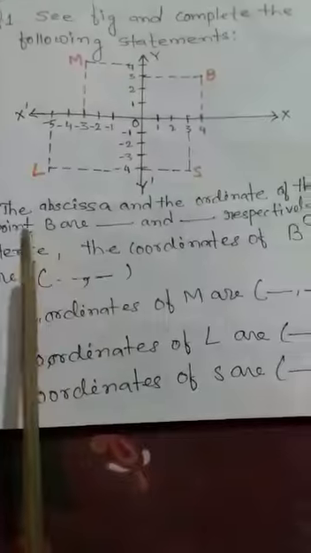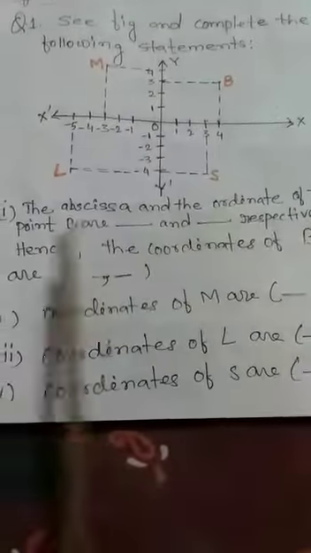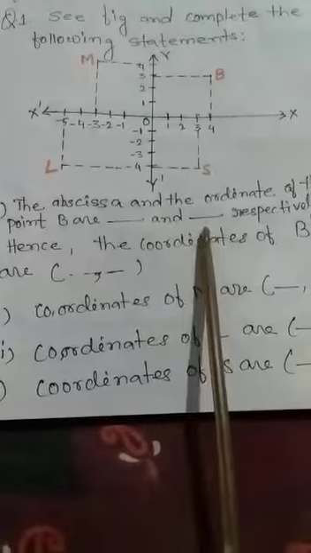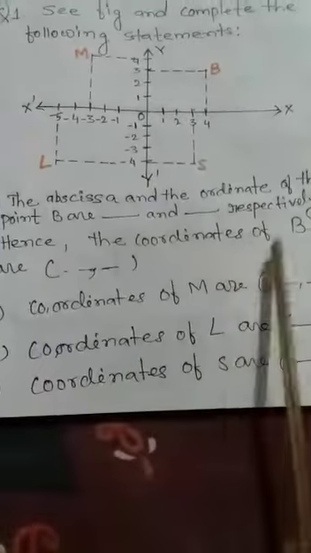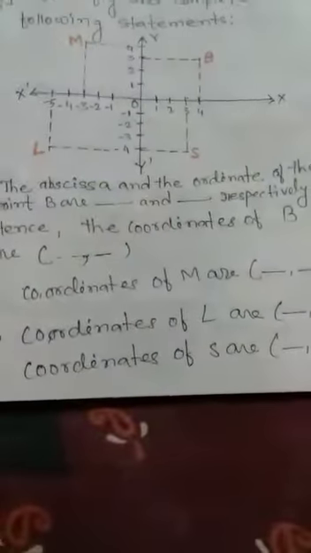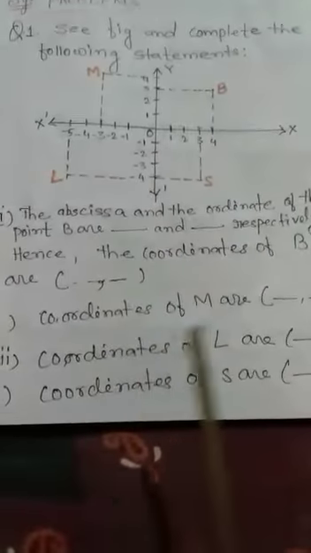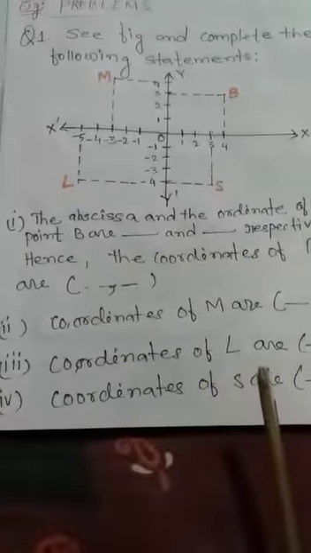So the abscissa and the ordinate of the point B are 4 and 3 respectively. Hence, you can tell the coordinates of B. Please tell the coordinates of B. So that will be 4 and 3. Similarly, you tell the coordinates of M, coordinates of L and coordinates of S.